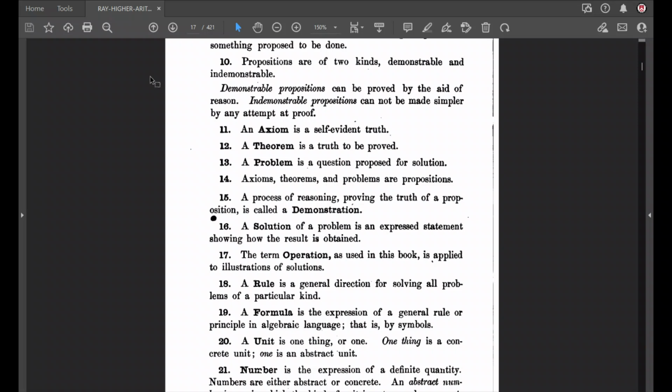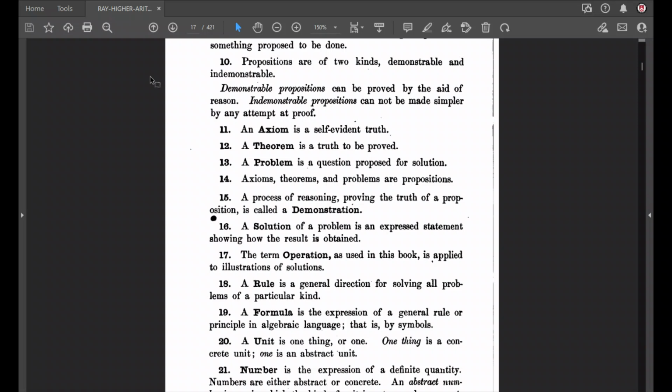If you want to learn to calculate the speed of a car, and you take a physics class, we can say that the speed of a car, the velocity of a car, is equal to the distance divided by the time. That's a formula. It's a rule for how to solve a certain kind of problem.